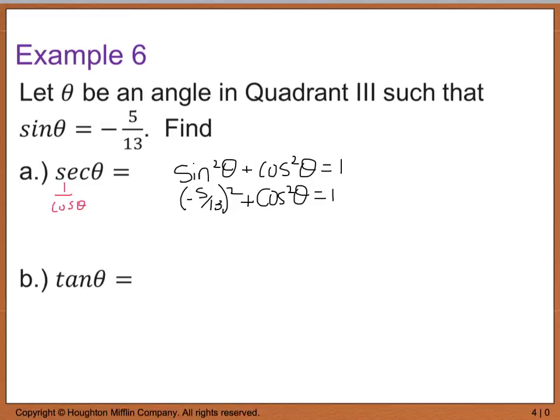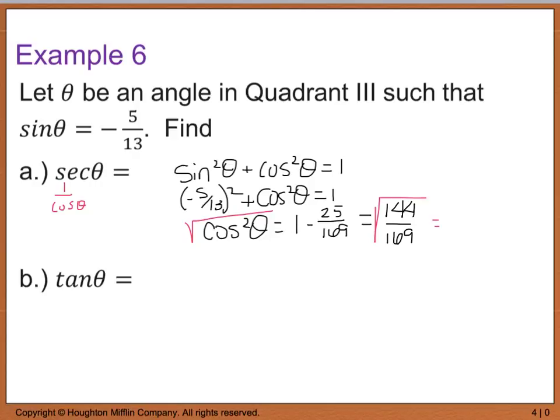So I'm really going to have a value of cosine squared theta that's going to equal 1 minus 25 divided by 169. And that's going to give me 144 divided by 169. And if I square root both sides, I end up with 12/13.